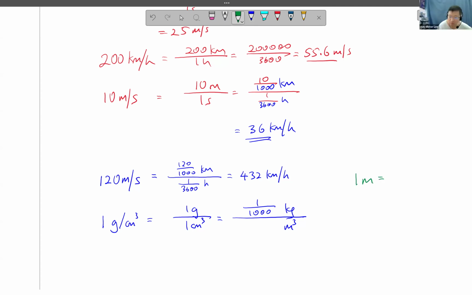Look at this, I got cube both sides. Cube both sides. Okay. So this will be 1 over 1 million, right? And press calculator.